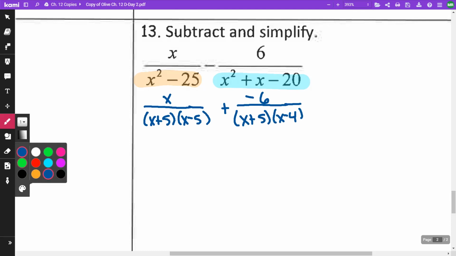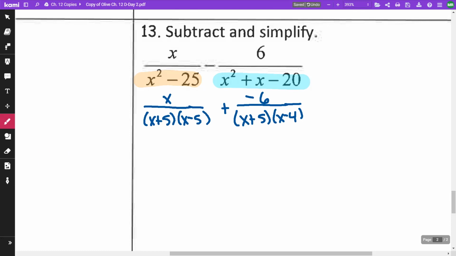So I need to get a common denominator. This one here, I'm going to multiply top and bottom by x minus 4 because the other one had an x minus 4. Both of them had an x plus 5, so I don't have to do anything with that. But this one I need to multiply by an x minus 5 because this one didn't have that.